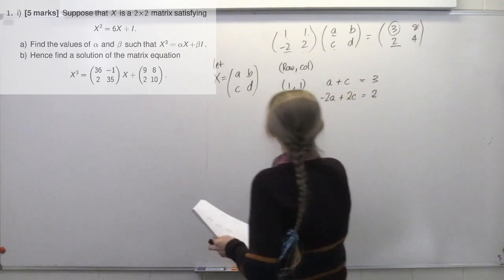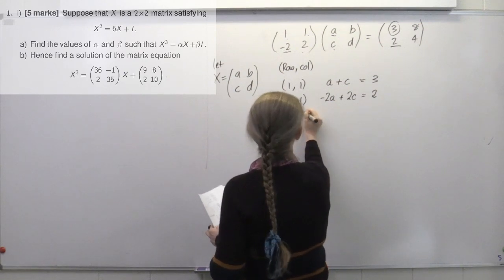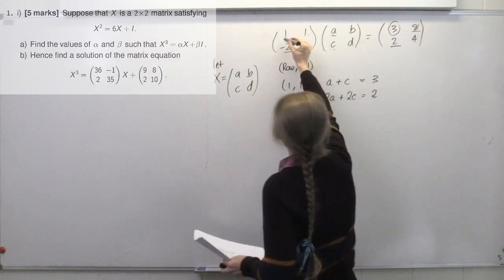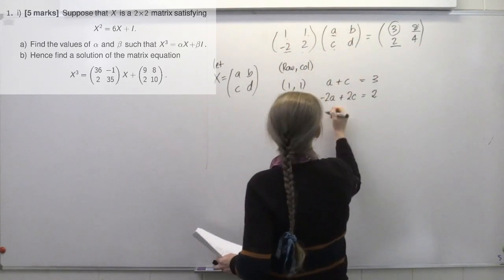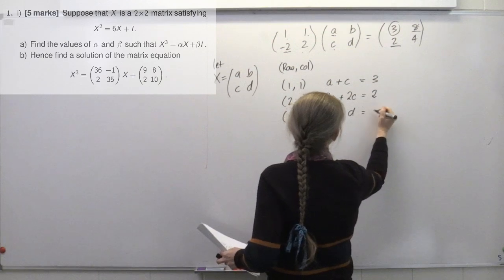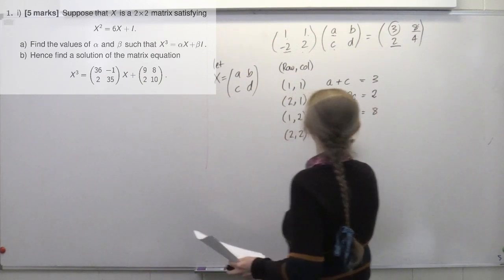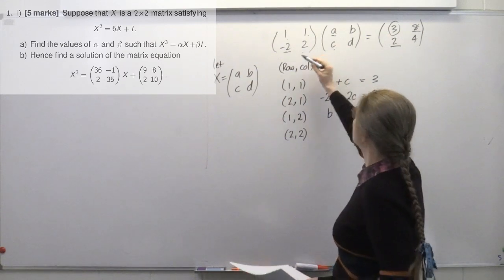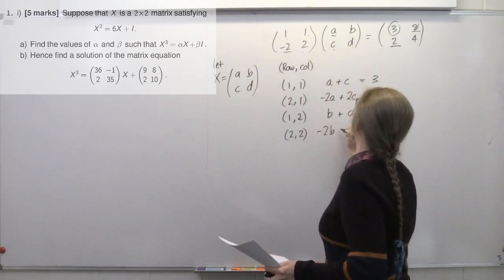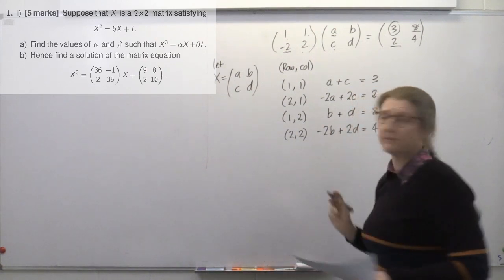For the first row, second column, that we have first row with the second column, that's 1 times B plus D is equal to 8. And for the second row, second column, what we have is minus 2B plus 2D is equal to 4.